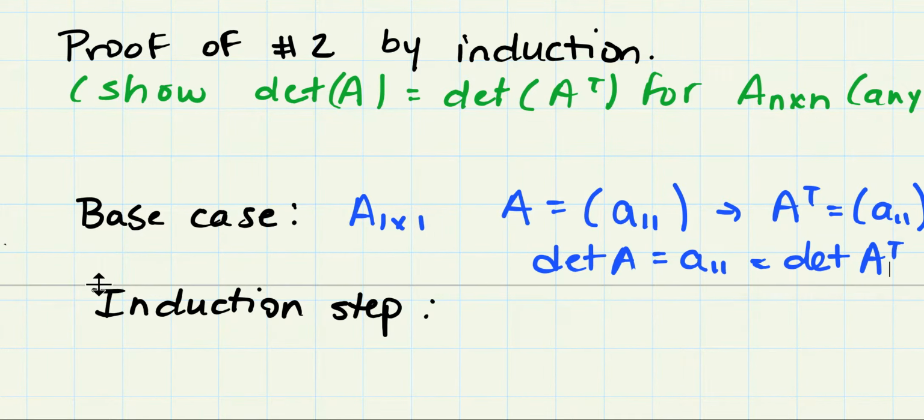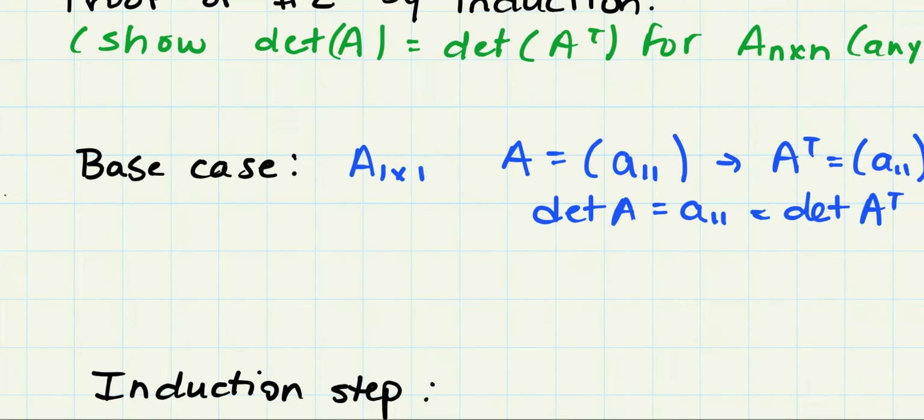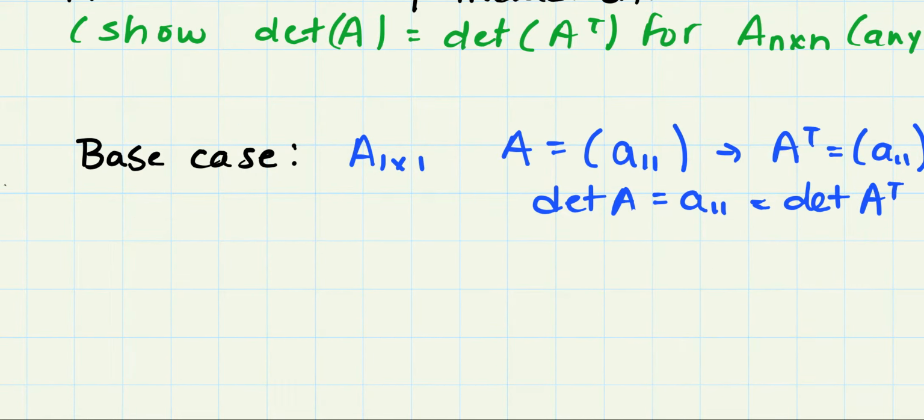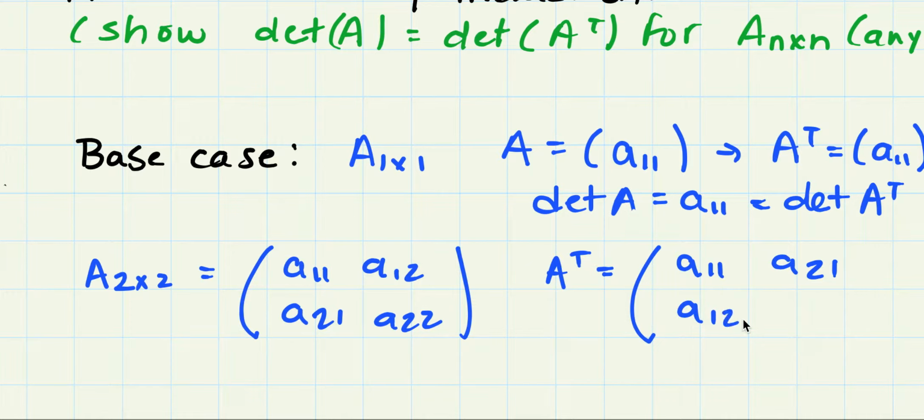This is the smallest base case we can show, but I also want to show you that it's true for a 2 by 2 matrix, just as an extra step. If A is 2 by 2, so let's say it's A11, A12, A21, A22, where these numbers are real numbers, then A transpose is A11, A21, A12, A22.